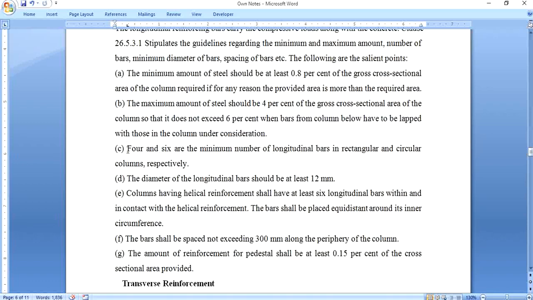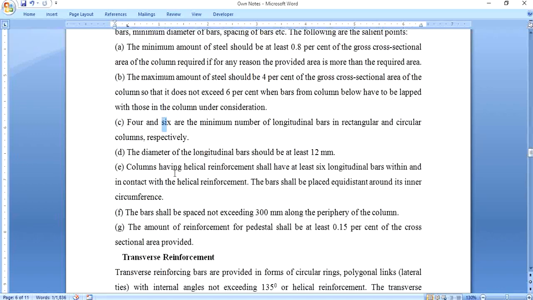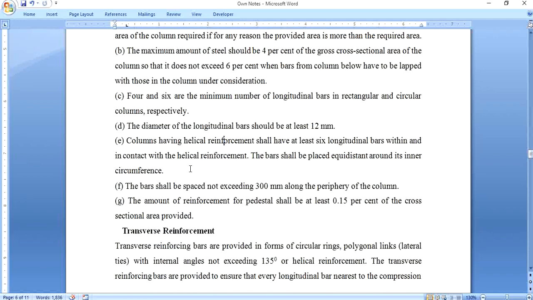We also studied that a minimum of 4 bars should be there in a rectangular section and a minimum of 6 bars in a circular section. The minimum diameter of longitudinal bar should be 12 mm for columns.